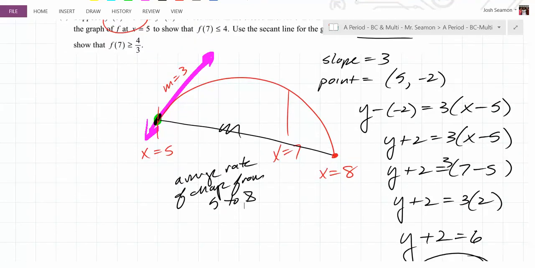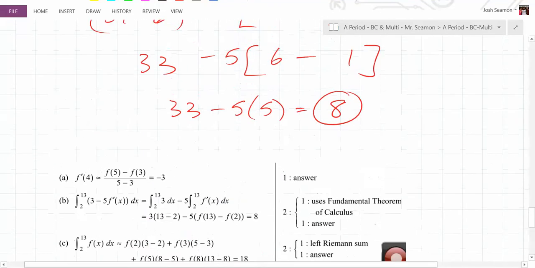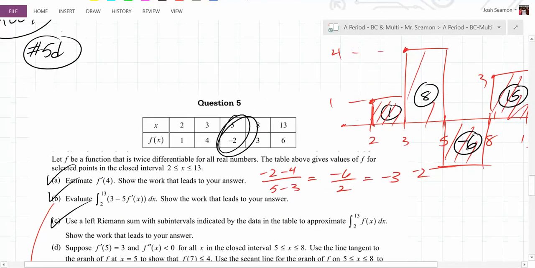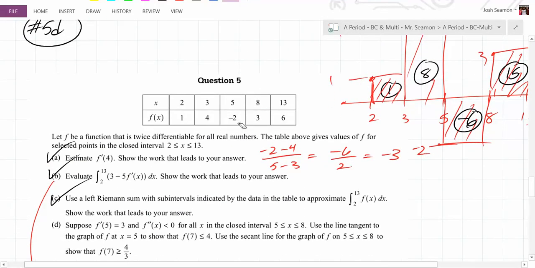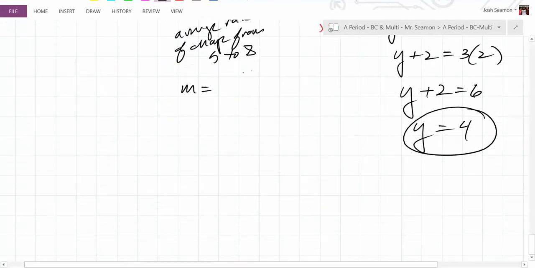So can we find the slope of that secant line? That m value is going to be the output at 8 minus the output at 5, over 8 minus 5. What is the output at 8? Do we have a table right here? Yeah, the output at 8 is 3, and the output at 5 is negative 2. So what's the slope of that secant line going to be? It's going to be 3 minus negative 2 over 8 minus 5.